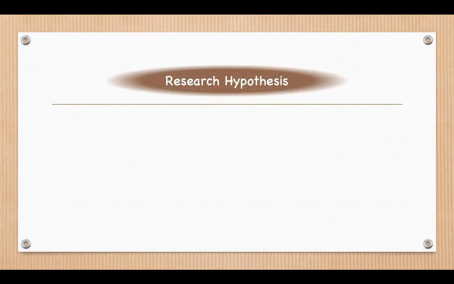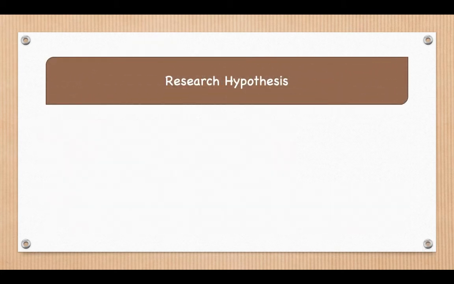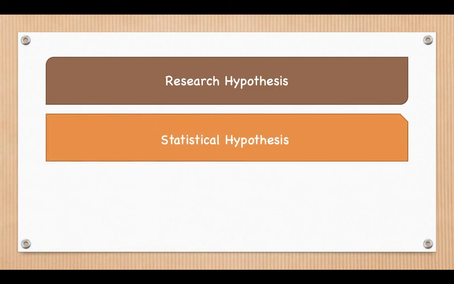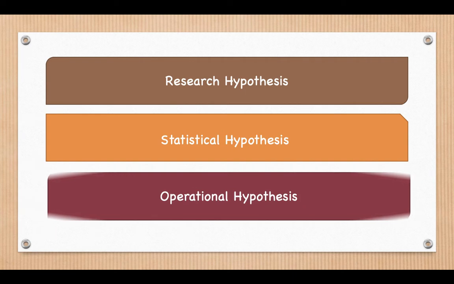There are three basic types of the hypothesis: the research hypothesis, statistical hypothesis, and the operational hypothesis. These three types differ only in the wording, how we write the hypothesis. The researcher can formulate any of the three types.